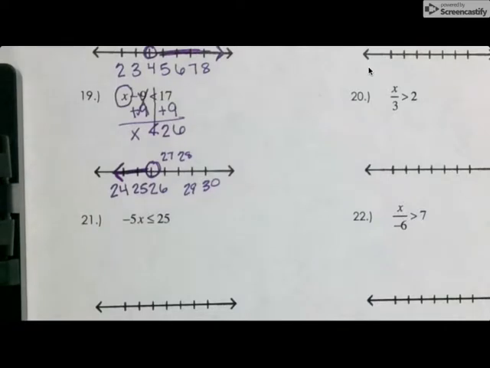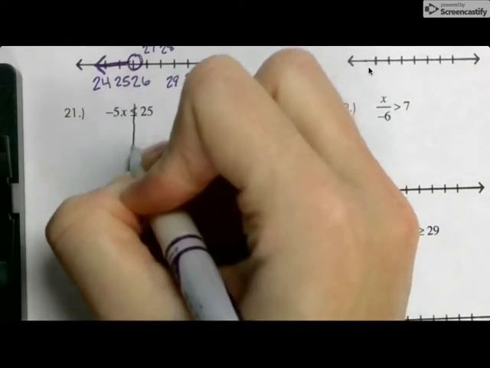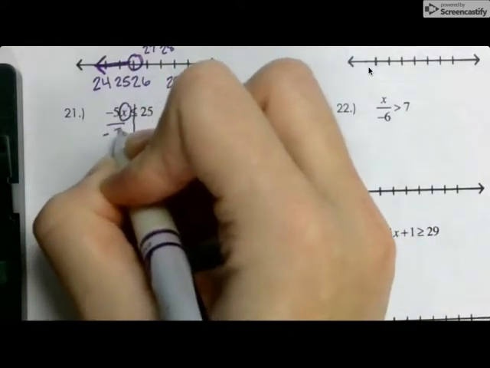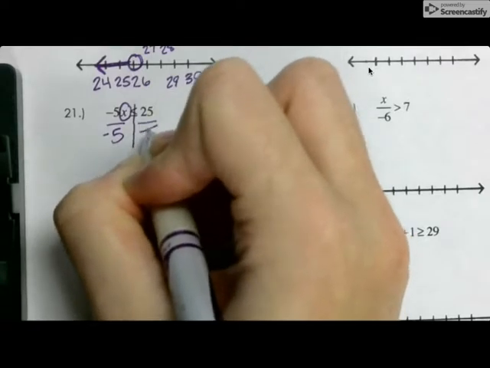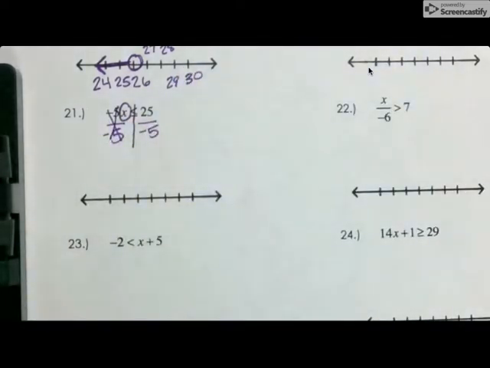We need to look at 21 and we need to look at 22. This is where inequalities have a special extra step that normal equations with an equal sign don't have. So all y'all are perfectly fine with telling me that we need to divide by -5, or at least you should be, because when x is next to a number, that means multiply.